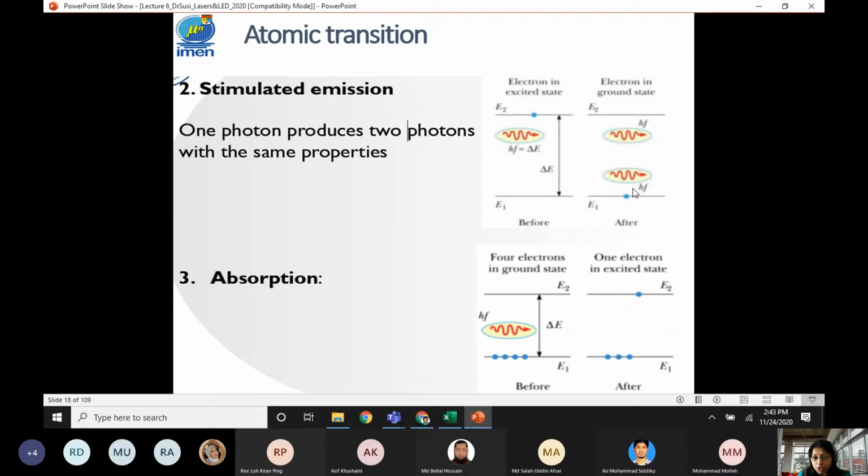When it moves to a lower energy state, you have emission of light. So it is stimulated because you have to induce the electron to go up to a higher energy state, and then it goes down to a lower energy state. So one photon can stimulate the generation of two photons. So we call it stimulated emission.